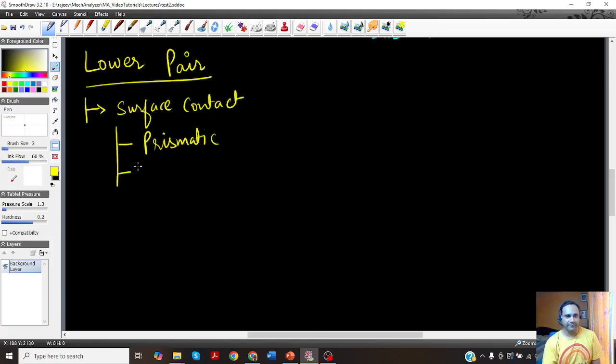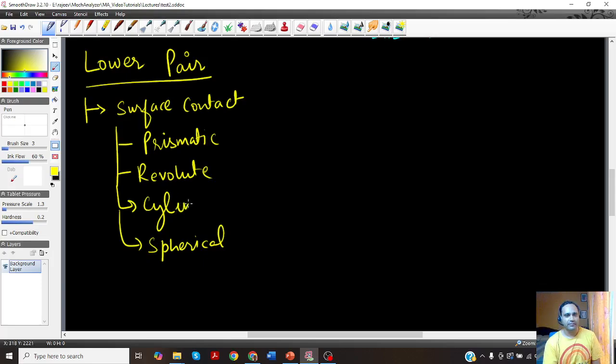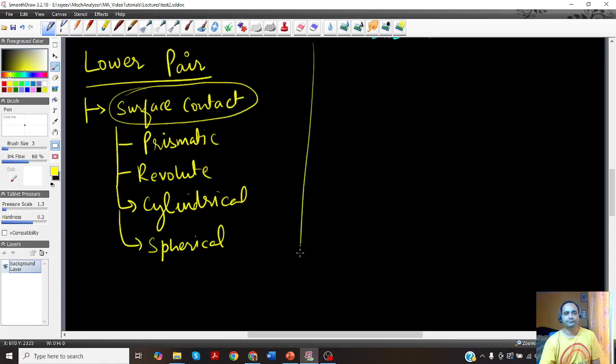Then you also have the revolute joint, where some form of circle contact is happening. A circle is also a plane. Then we also have the cylindrical joint, and the spherical joint. All these form lower pairs because the definition is that surface contact should happen.